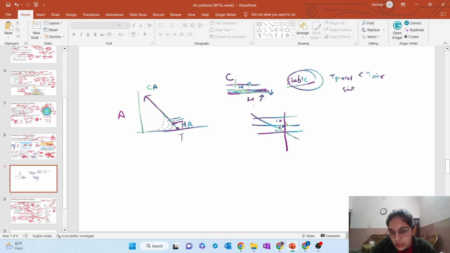So they make this structure in the frontal inversion. In this region the colder air is above the warm air.